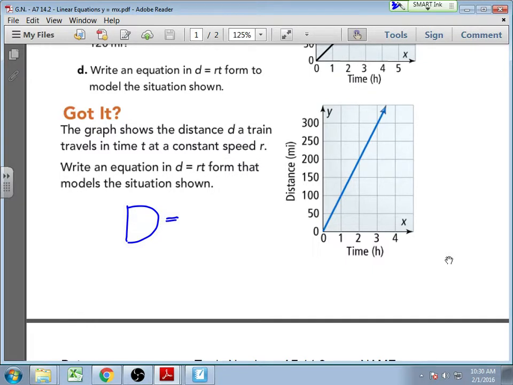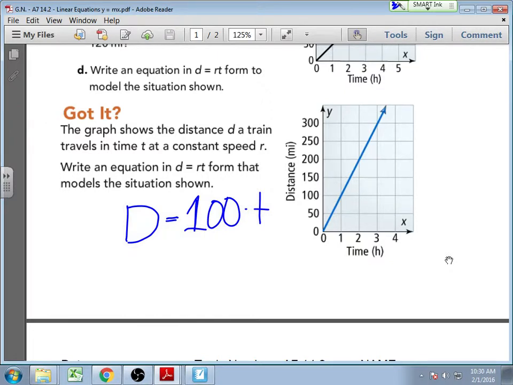What's the rate of this train, Ella? 100. 100 miles per hour. So distance will equal 100 times t. Questions, comments, concerns? Here's a trick that you might want to know.